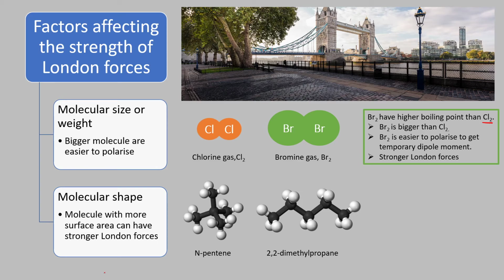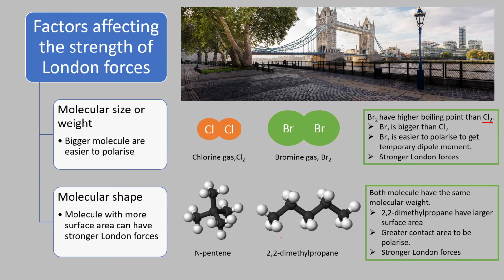Okay, kalau N-pentane, okay, dia ada 5 carbon. Okay, kalau you guys tengok, 2,2-dimethylpropane has larger surface area, thus lagi senang nak polarize. Okay, sebab kalau untuk N-pentane, the electron punya cloud is all compact like a ball, while 2,2-dimethylpropane diorang panjang, so it is subject to changes.